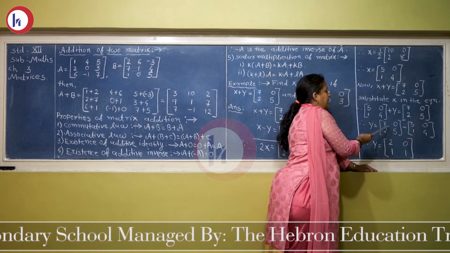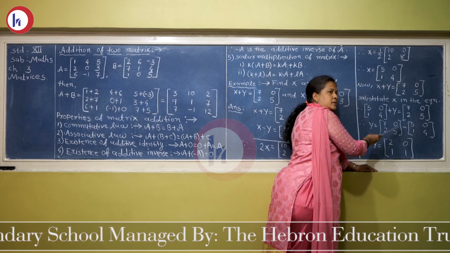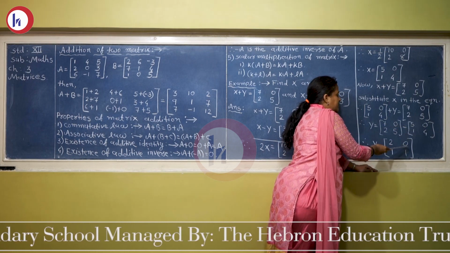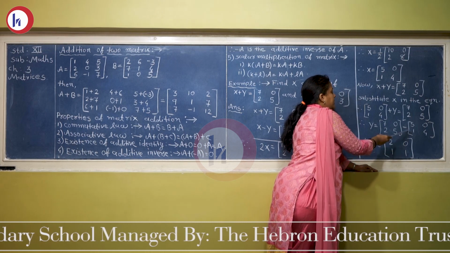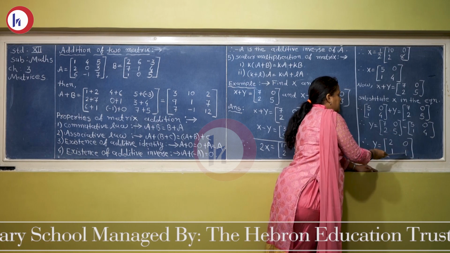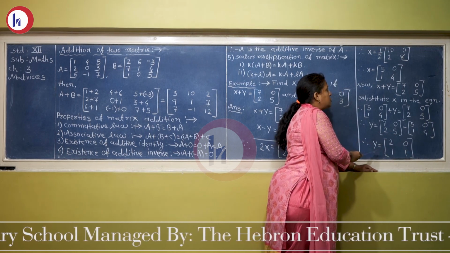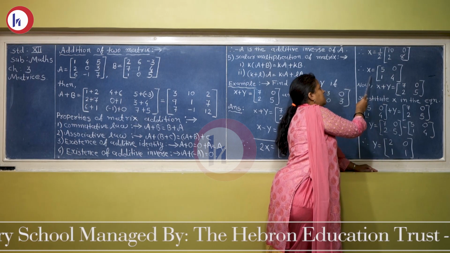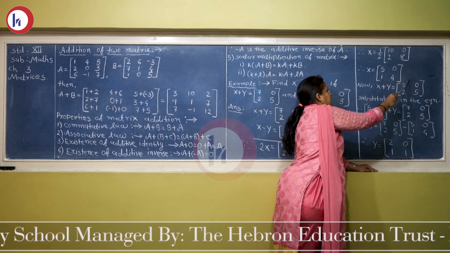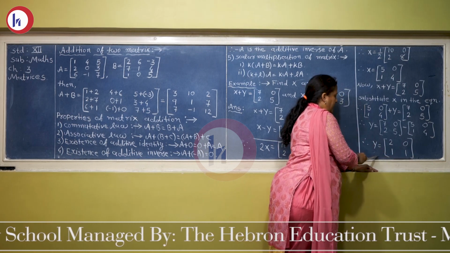It indicates that 7 minus 5 equals 2, 0 minus 0 equals 0, 2 minus 1 equals 1, and 5 minus 4 equals 1. This is the value of y. So this way you can find out the value of the matrix X as well as the value of the matrix Y.